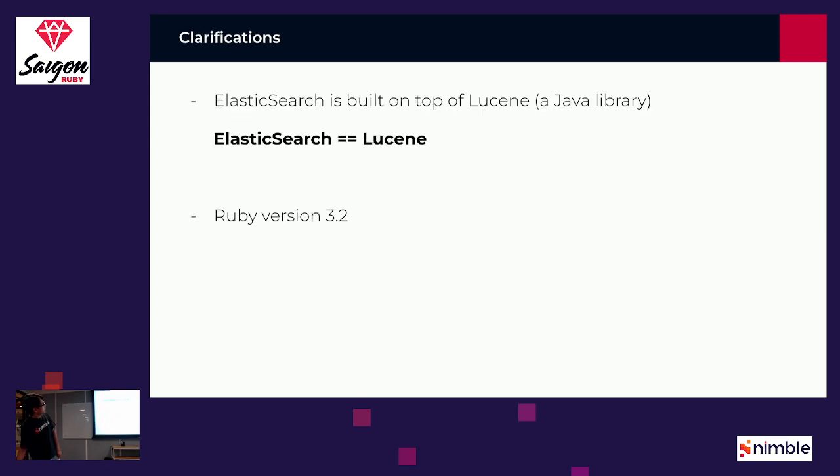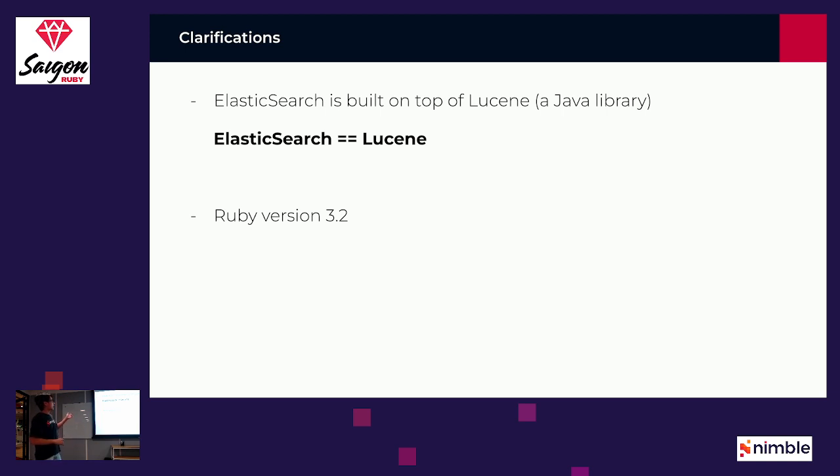Okay, so some clarification first. Actually, I should name this talk Building Lucene, because Elasticsearch is actually built on top of another library called Lucene, and it's a Java library, so it's the equivalent of a Ruby gem.